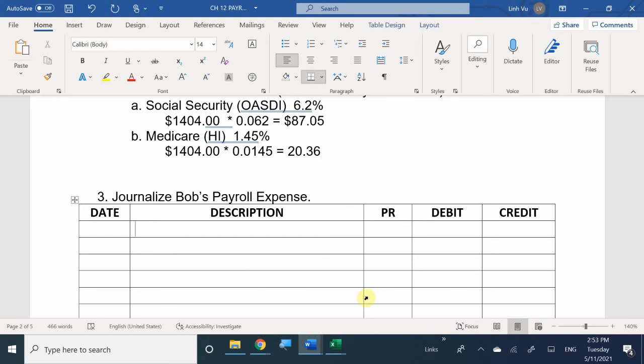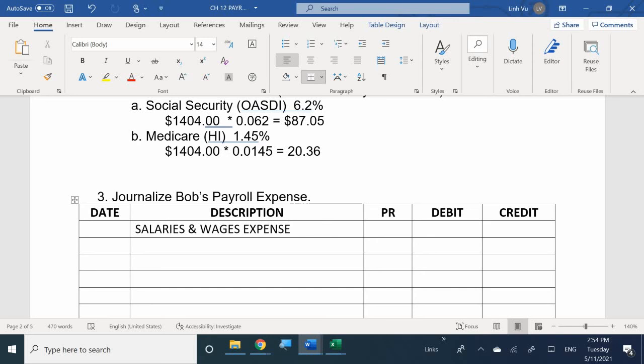So in this case, how do I journalize this transaction because I also have to cut Mr. Bob a paycheck? He'd start with salaries and wages expense, correct? We're going to start by recognizing how much money Bob has earned, by salaries and wages expense.